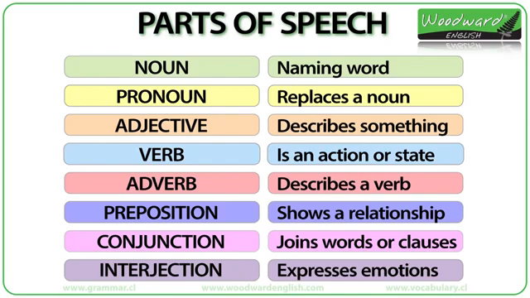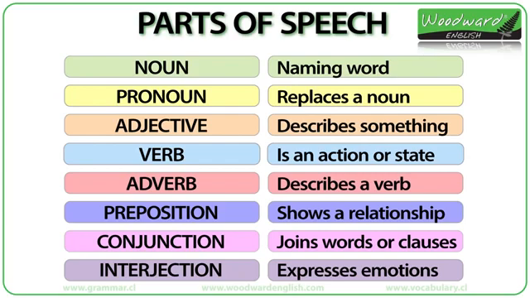An adverb normally describes a verb or sometimes gives more information about an adjective. A preposition shows a relationship or connection between things. A conjunction is a joining word that connects 2 parts of a sentence. An interjection expresses a strong feeling or emotion.